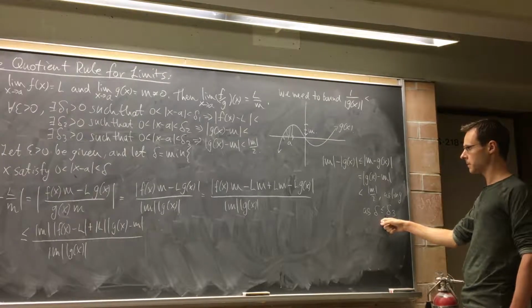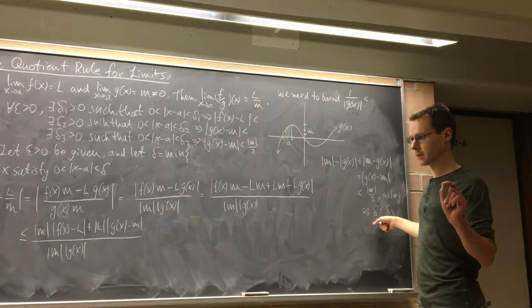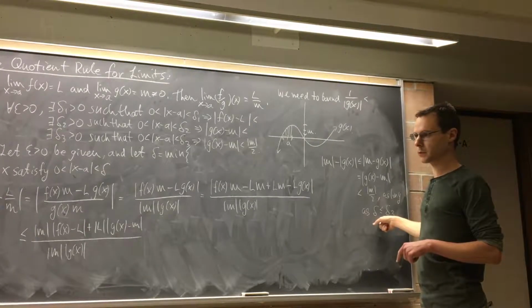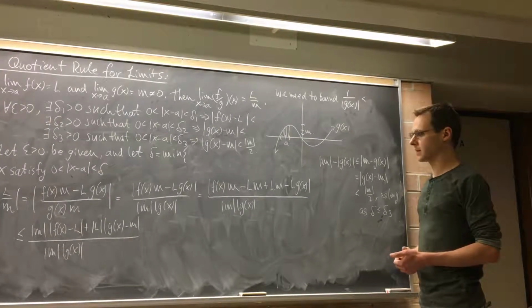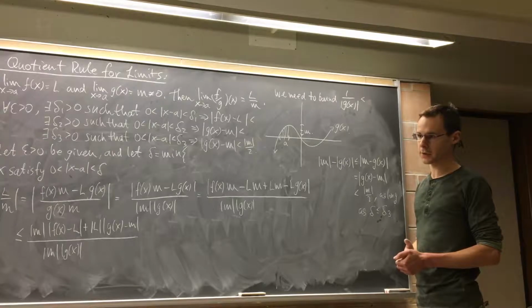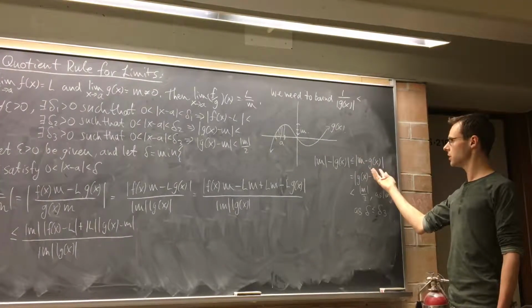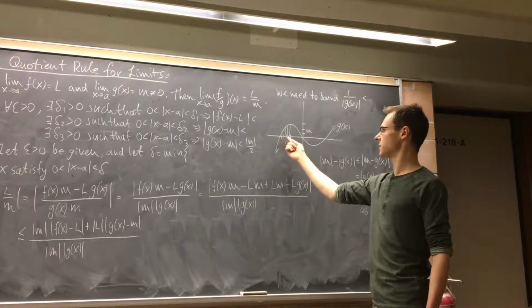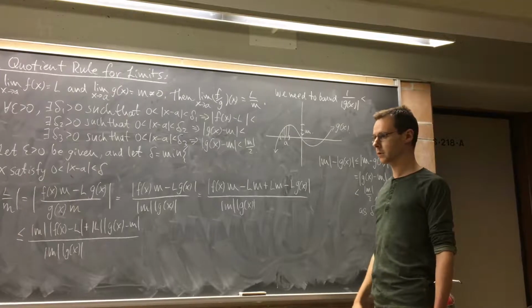Just like last time, we stipulated a maximum value for delta. The difference with the 1 over x proof is that we could get that delta value explicitly. We stipulated delta to be less than or equal to abs a over 2, if you remember. In this case, since we're dealing with a general function g, we don't know how close a is to a root of g, or how quickly g will dip to make a root.